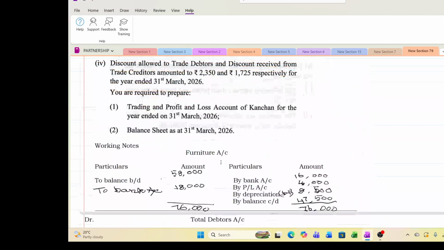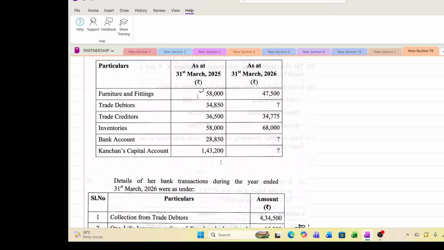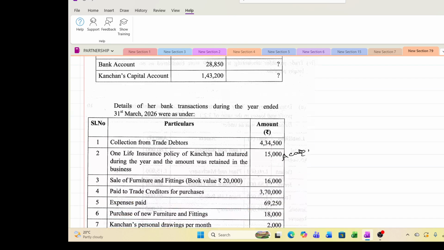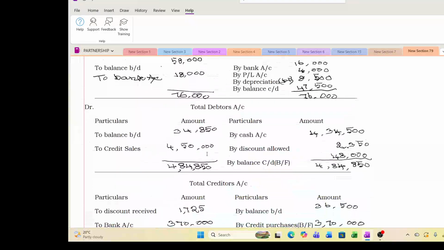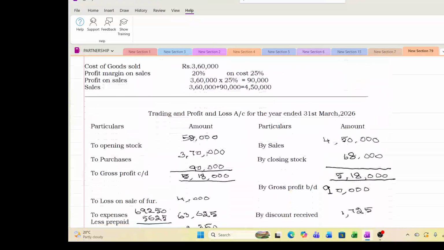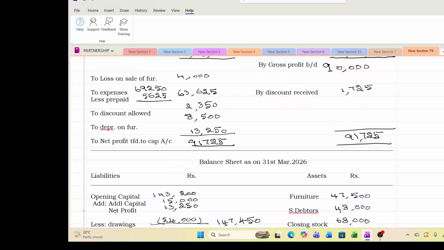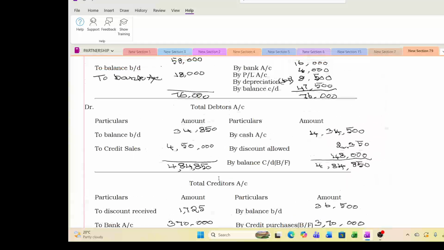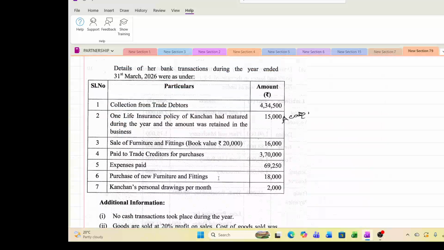Bank account is a debit balance, so we are writing it. Okay. And the capital account, 1,43,200. Write it in your current balance sheet in the inner column, 1,43,200.